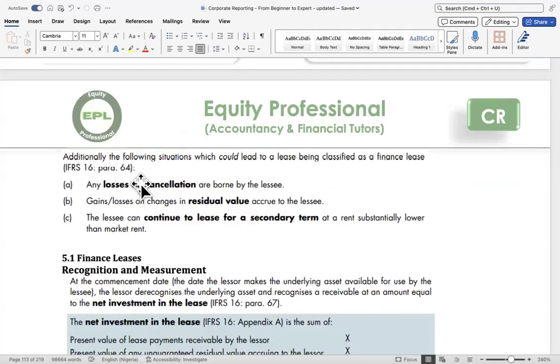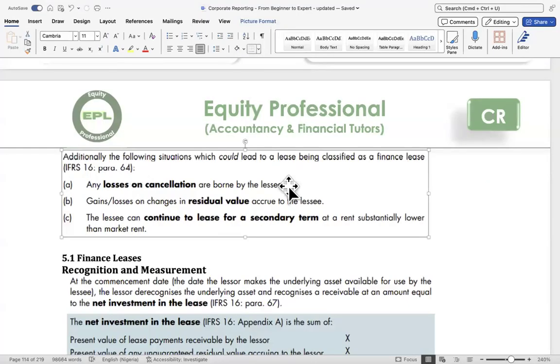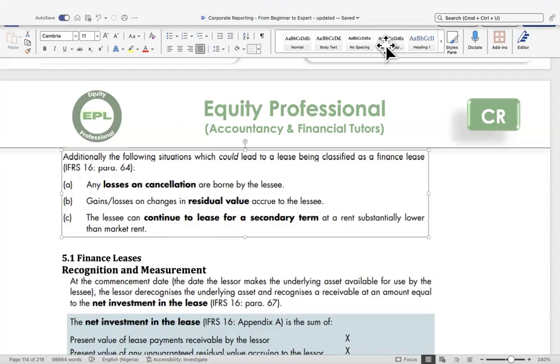So where losses on cancellation are borne by the lessee, where gains or losses on changes in residual value accrue to the lessee, okay, I think I lost connection a little bit.